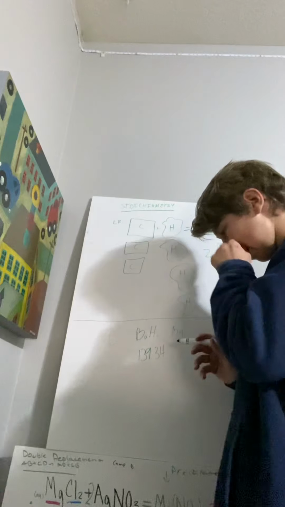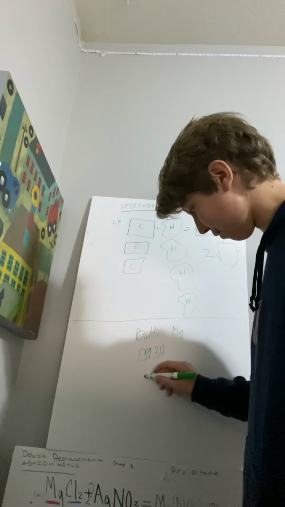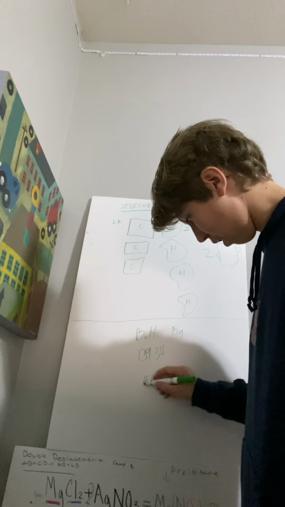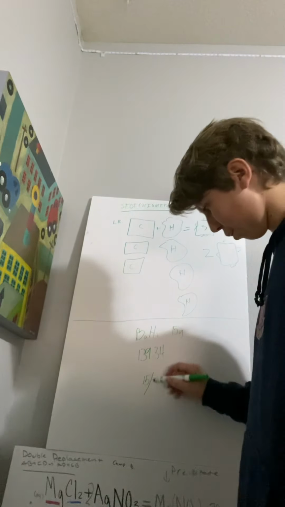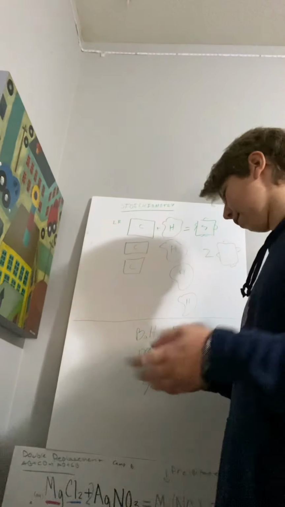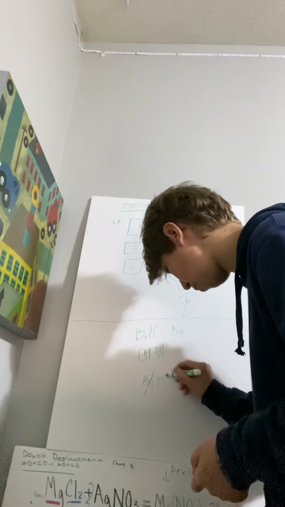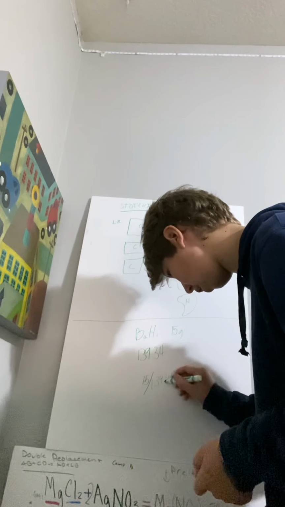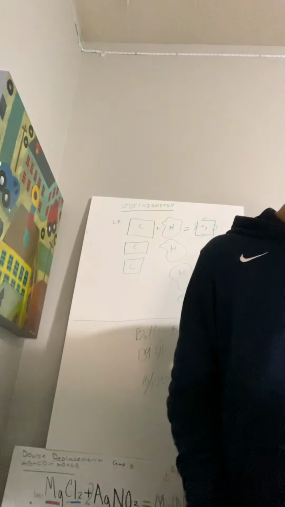So we take the 15 grams that we have and we put it over the molar mass, the mass of BaH3. So 15 over 139.34. Hopefully you can see that okay.